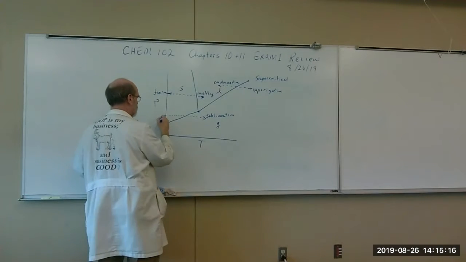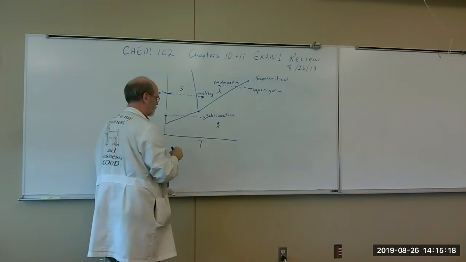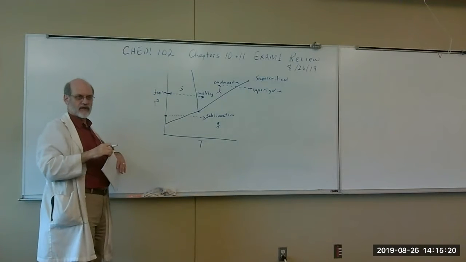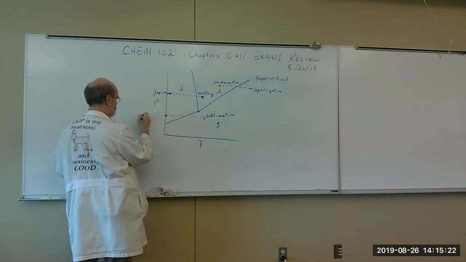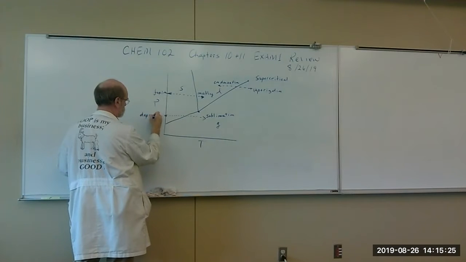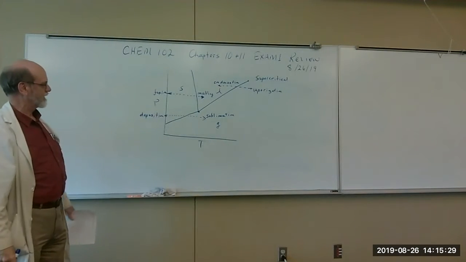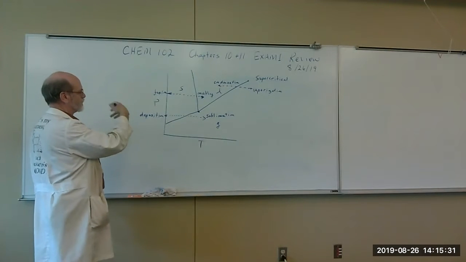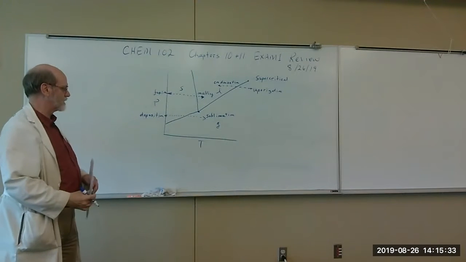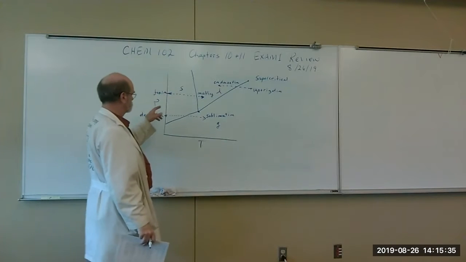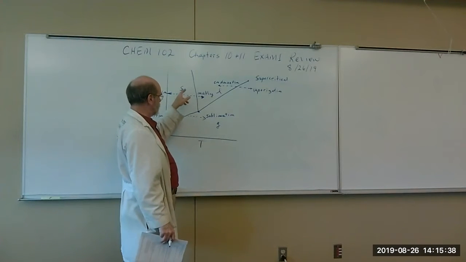What's the opposite of sublimation? Starts with a D. Deposition. Okay. So those are the 6 possible transitions that can be made in a phase change.